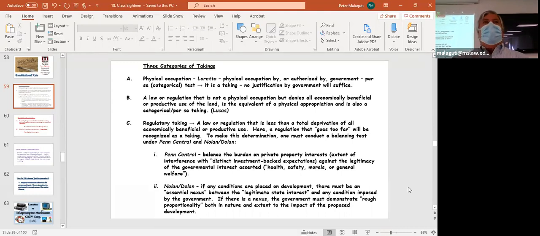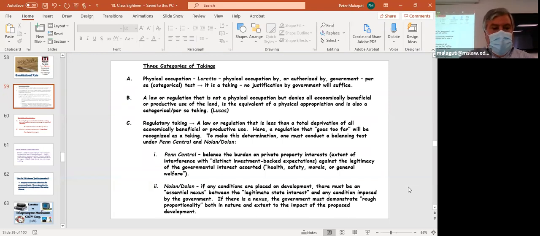Okay, so there's valid reasons for having zoning laws and regulations that prohibit these types of things. But at some point, if they're unreasonable, they're going to be deemed a taking by the court.